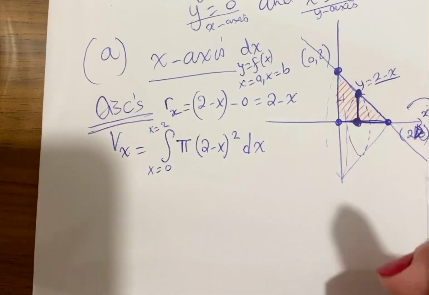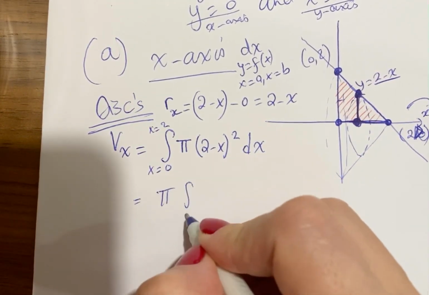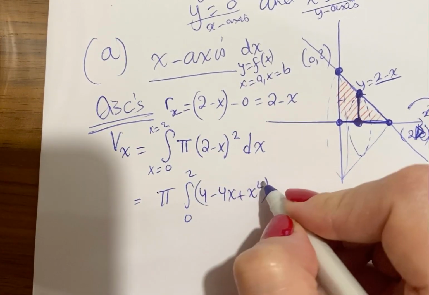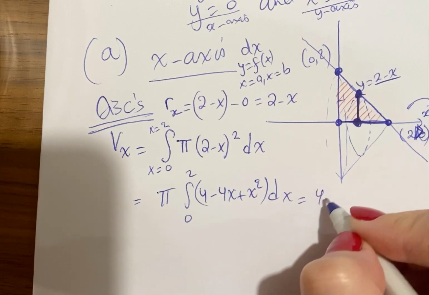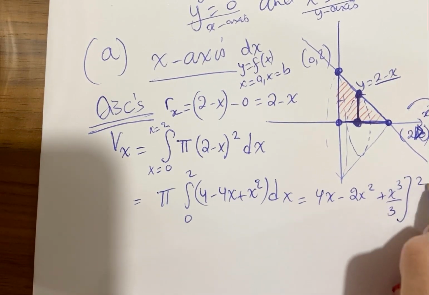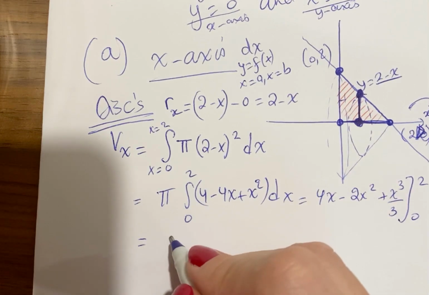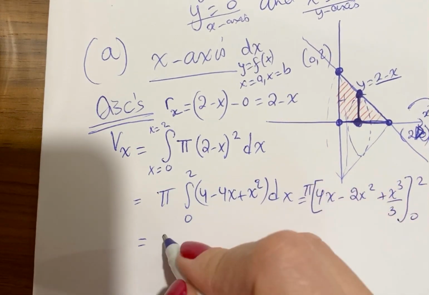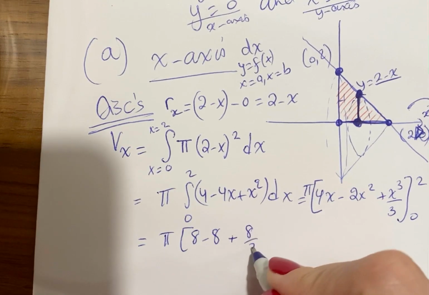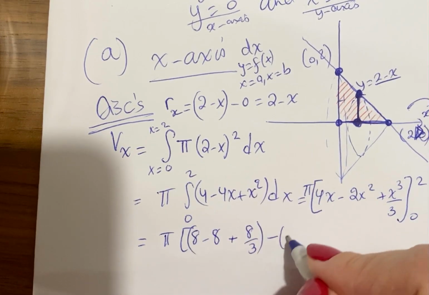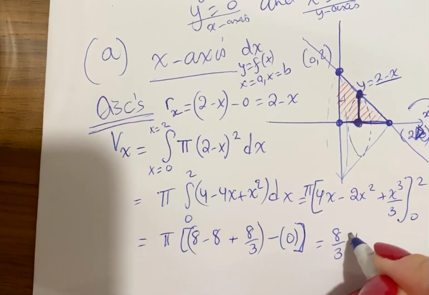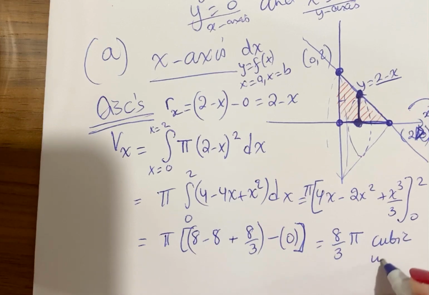We can integrate this by taking pi out, expanding, integrating one by one, substituting 2, 8 minus 8 plus 8 over 3 minus 0. So it becomes 8 over 3 pi cubic units.